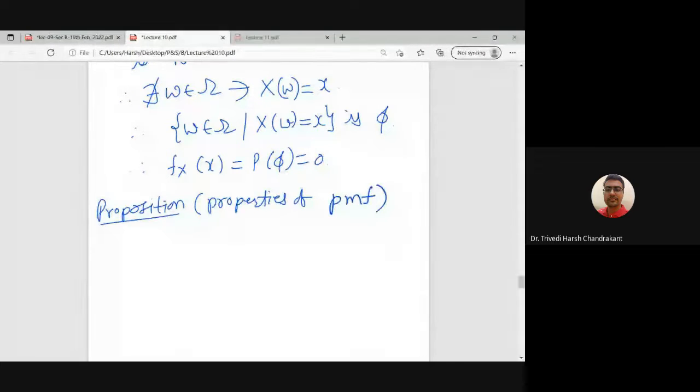Using the properties of P, we are going to study properties of f_X. Like the probability of the null set is 0, we got f_X of x is 0 for the points which are not in the range. So let us start with the discrete random variable. Let X be a discrete random variable.